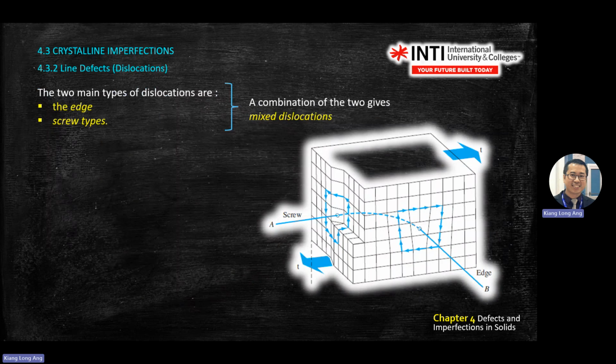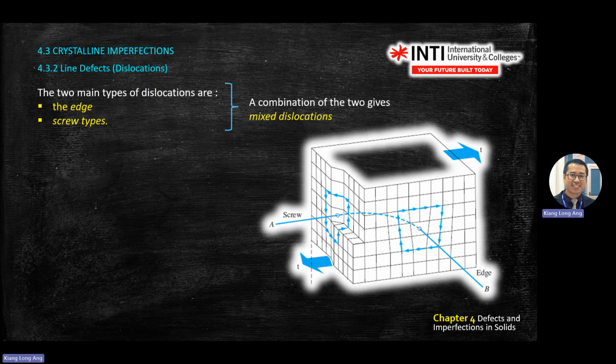Okay, then there is also a mix between edge and screw. So for example, this one. Here got a missing edge, right? So the edge is missing, but for this one, the Burgers vector is moving in this direction.